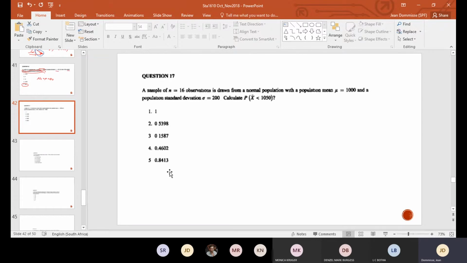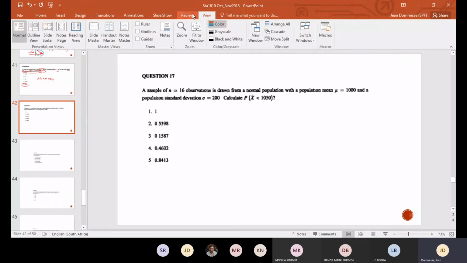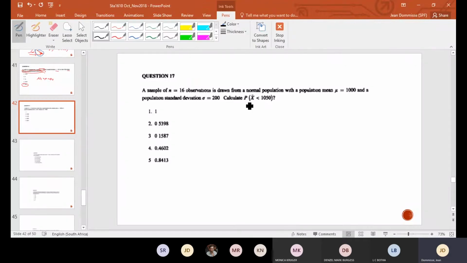So when we look at this, we basically need to calculate where the z value or the probability is less than 1050. As always, I start off with writing what we need to do, and then we start substituting with the formulas.